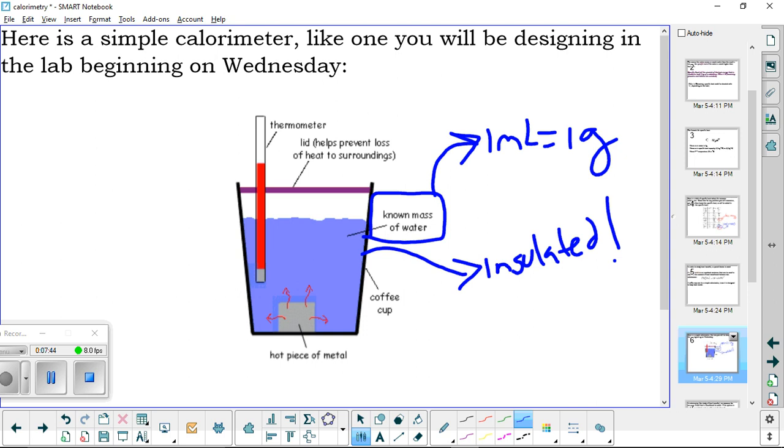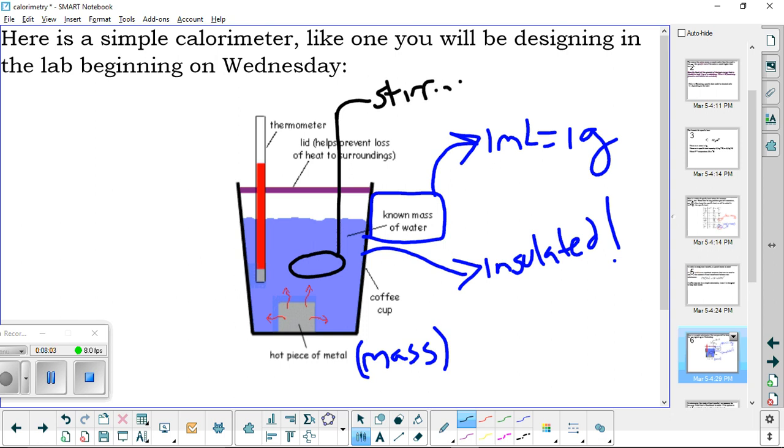You're going to have a hot piece of metal that you're going to put in there, and you're also going to know its mass. And the only thing missing from this diagram is a hole in the top where you're going to put a stirring rod. The reason for the stirring rod is so that you can make the heat transfer to the whole amount of water quicker.